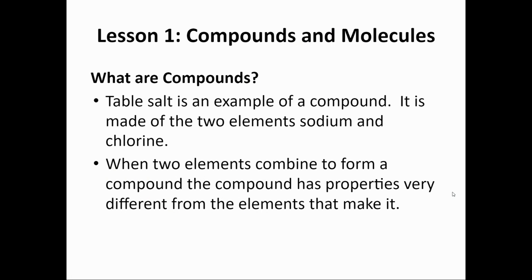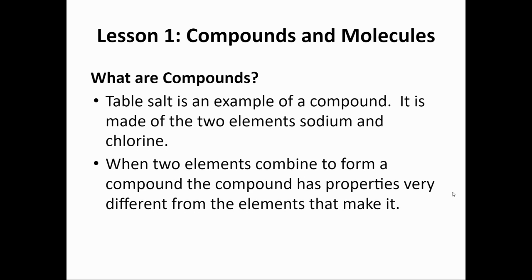So what are compounds? An example of a compound is table salt, which is sodium chloride, or sodium and chlorine combined chemically. Table salt is made of one element of sodium and one element of chlorine. When two elements combine to form a compound, the compound has properties very different from the elements that make it.